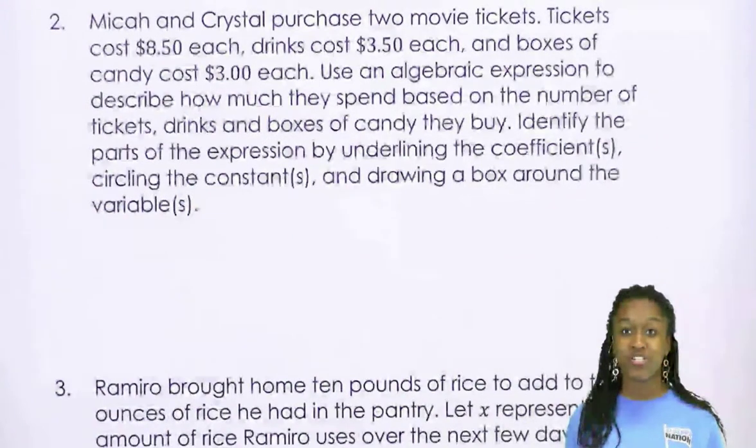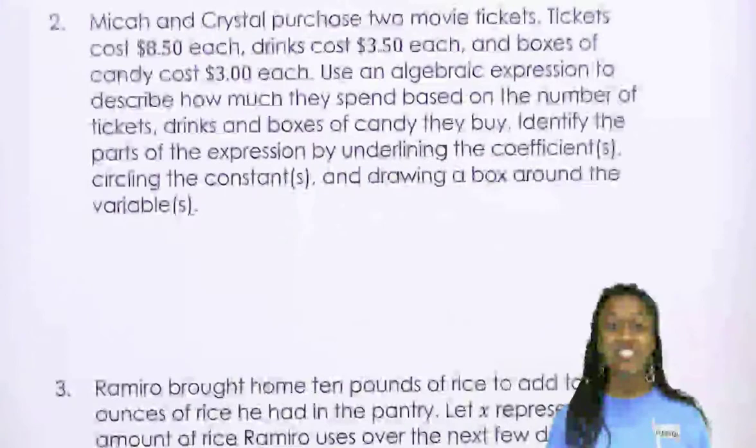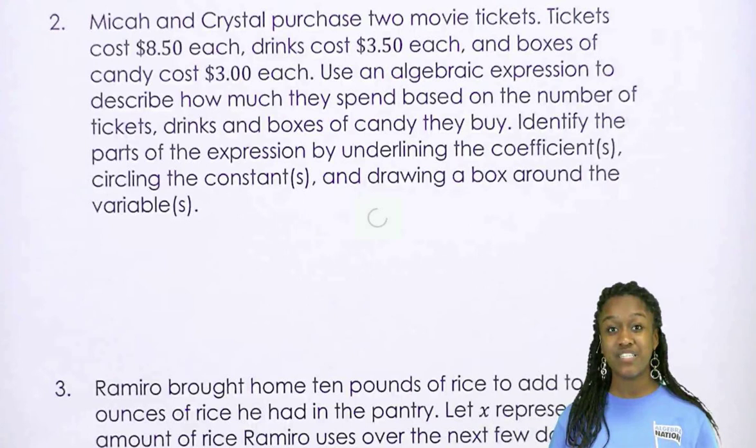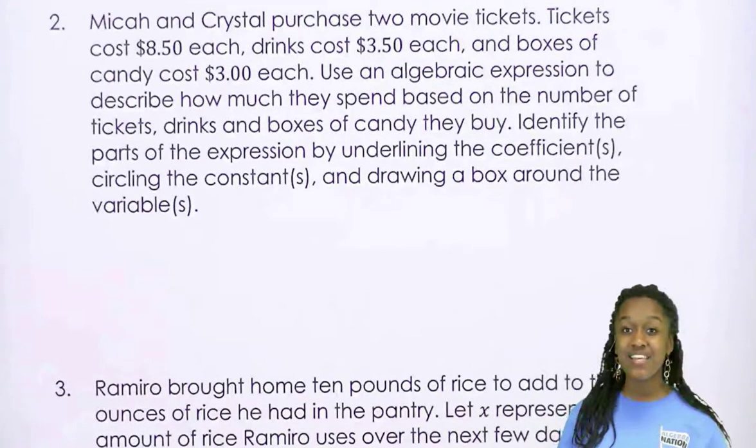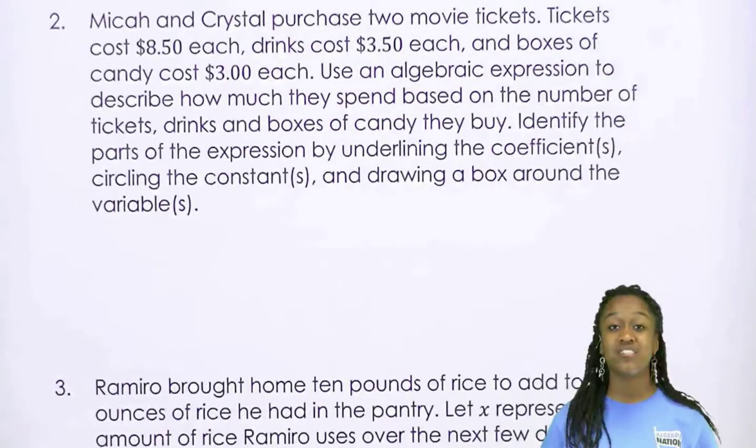Micah and Crystal purchased 2 movie tickets. Tickets cost $8.50 each. Drinks cost $3.50 each, and boxes of candy cost $3 each.